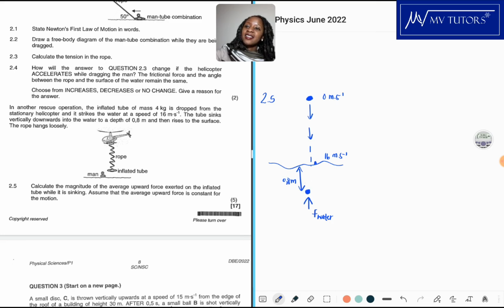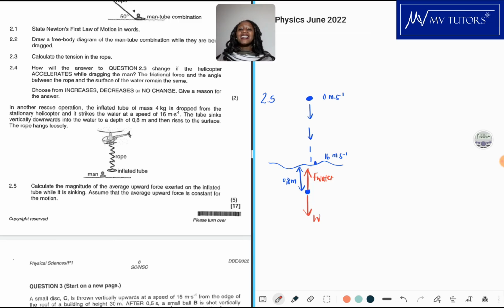Actually, I should have drawn it the other way around. If this were a free body diagram, I would say the force of water is causing it to go up to the surface, but its own weight is causing it to go down.